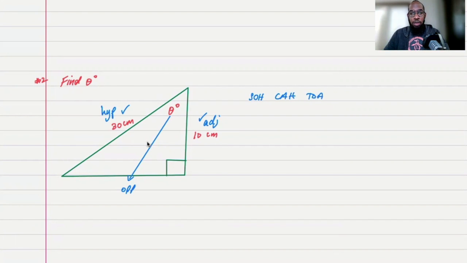So we say, okay, SOH CAH TOA. We're looking for a ratio with hypotenuse and adjacent, H and A. So we know we're using cosine. So cos theta is adjacent over hypotenuse, and we substitute.